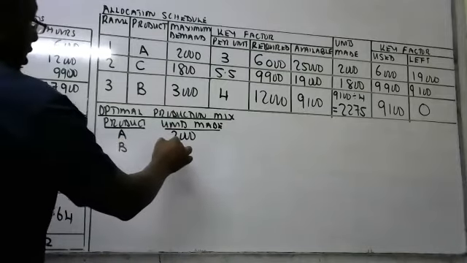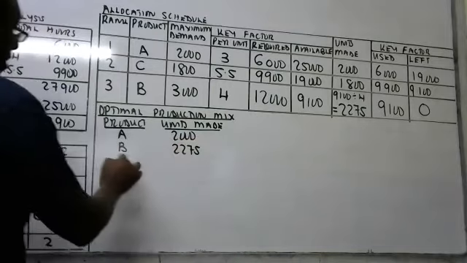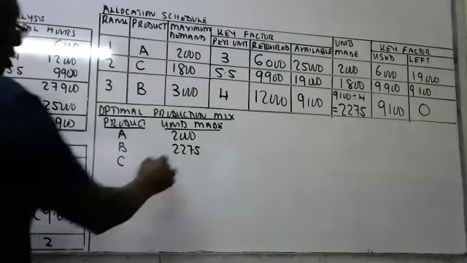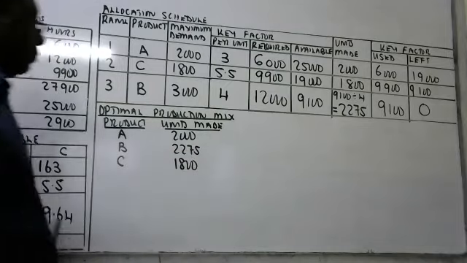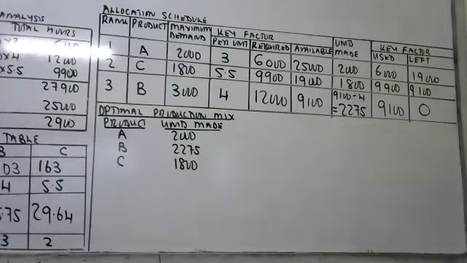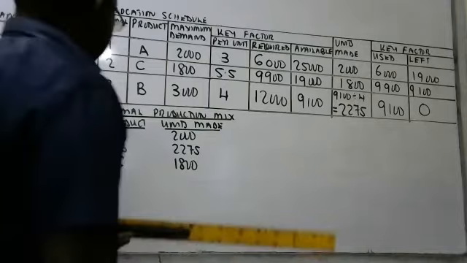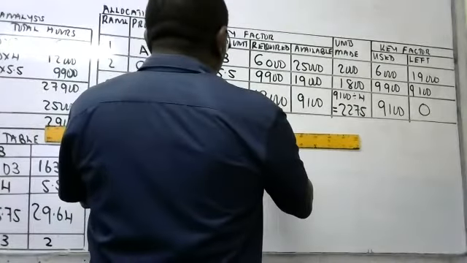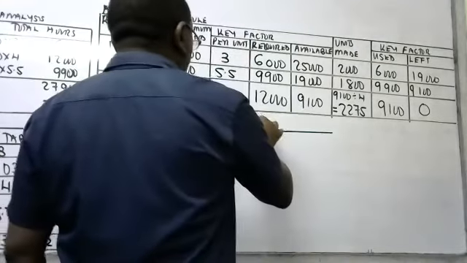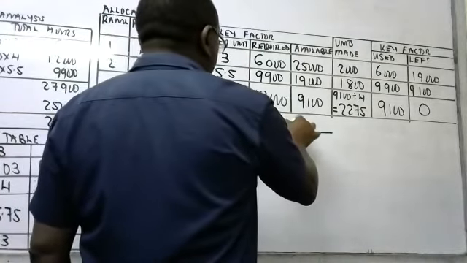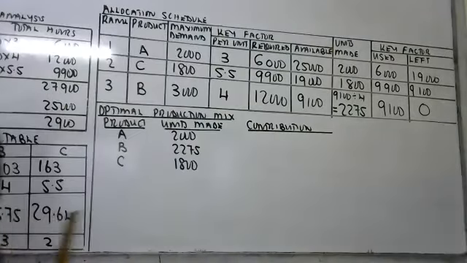Product B, we are making 2,275. And product C, we are making 1,800. Actually, you can add another column here for the contribution. You can bring the contribution here so that it helps us also compute the profit.